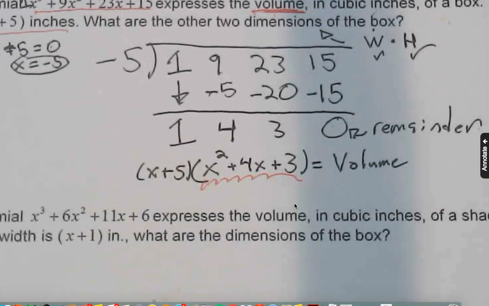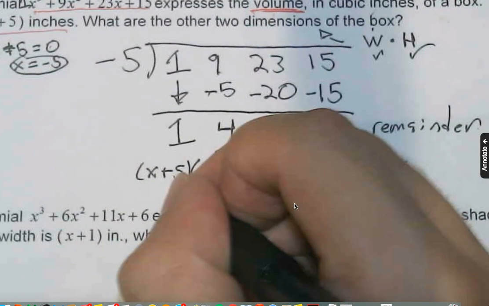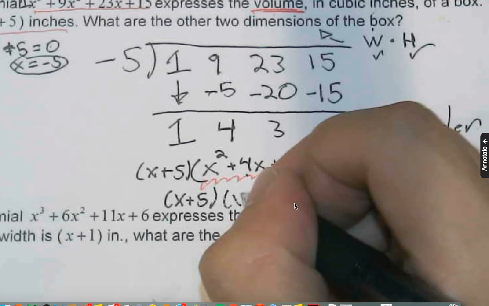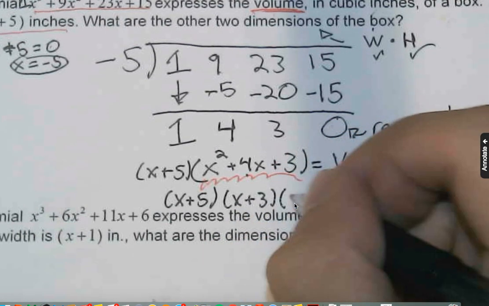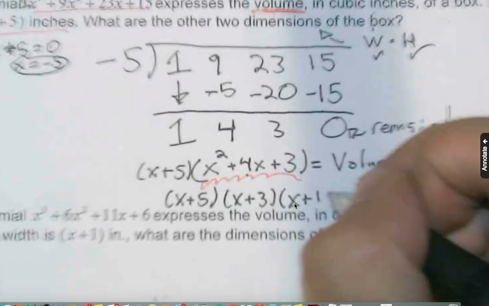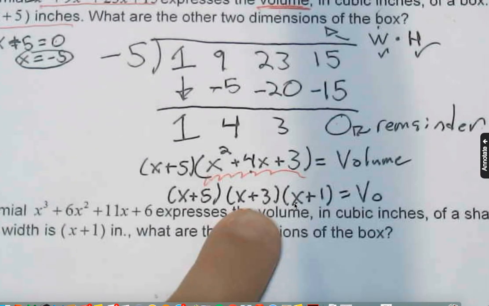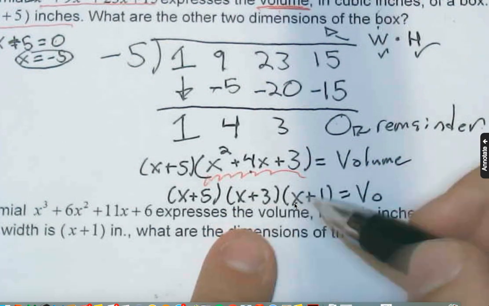So if you need to use diamond method, do that, but this one's pretty easy. 3 is prime, the sum's positive 4. So when we factor this, we're not too sure on which one's which, and we're lucky that we don't really need to know, that one of these is going to be the width, one of these is going to be the height, because when we rewrite this, we end up with two factors.